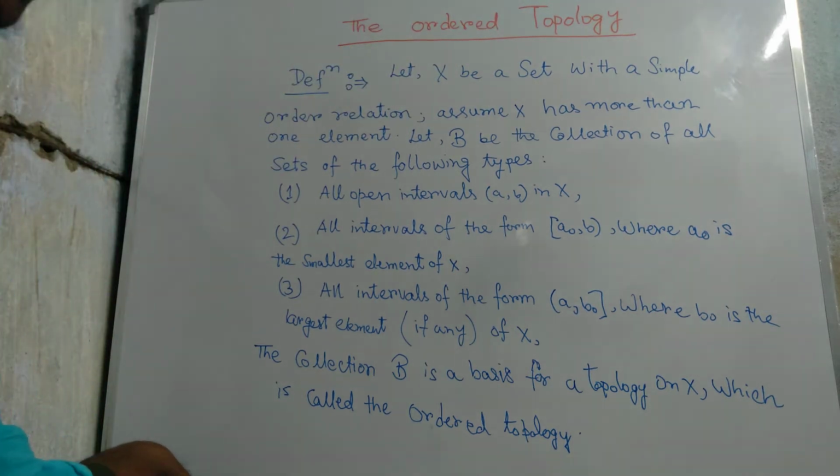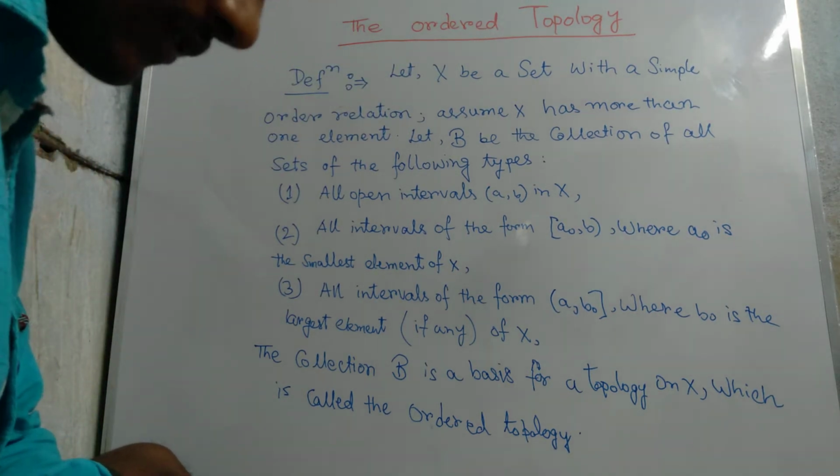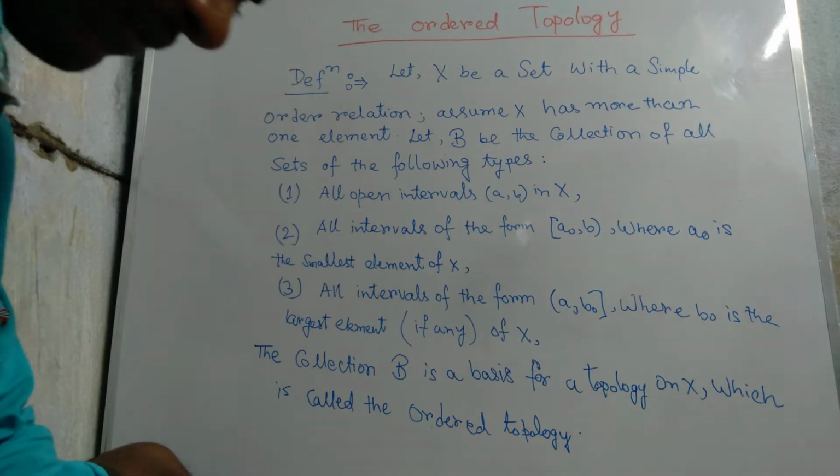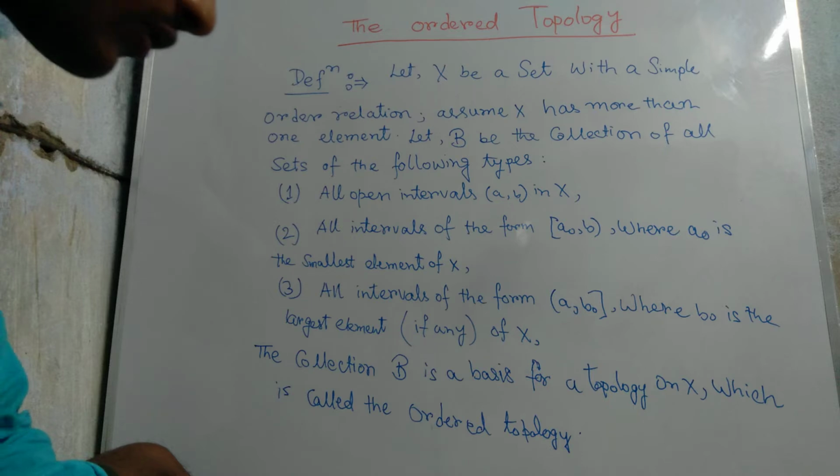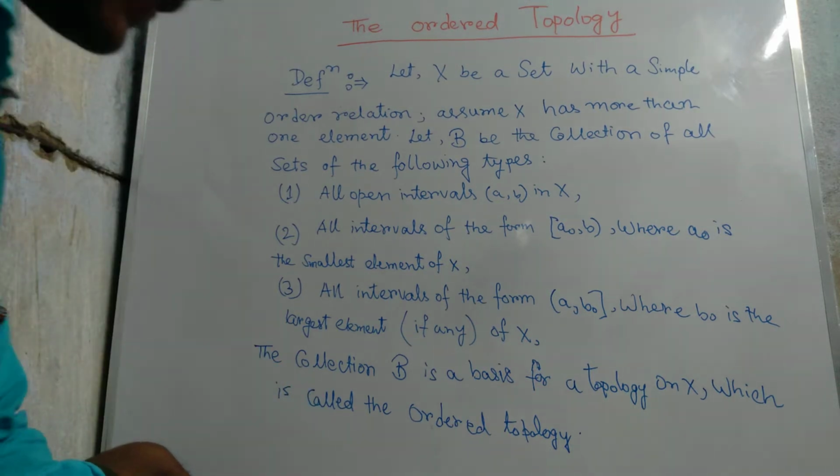Next we defined some topologies by examples, and saw which one is the smallest and which one is the largest, as we saw in the previous class.